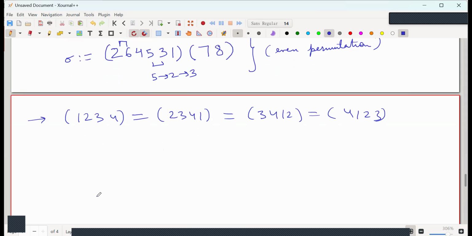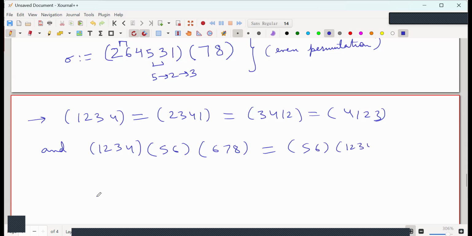And also, you can change the order of disjoint permutations. So 1, 2, 3, 4, 5, 6, and say 6, 7, 8. This is the same as 5, 6, 1, 2, 3, 4, and 6, 7, 8.